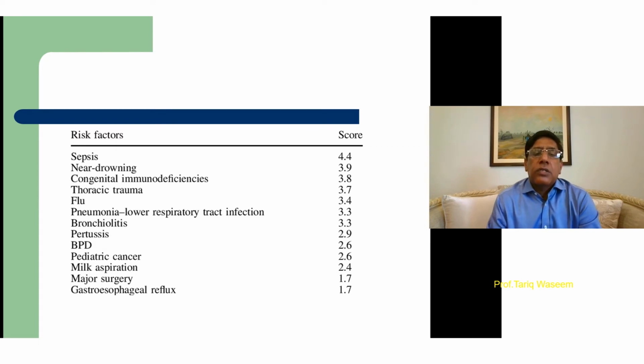Flu, and this is where we are concerned, almost 3.4 times more chances of developing ARDS as compared to those who don't have it. Pneumonia again 3.3, and then there are of course a lot of other conditions like bronchiolitis, pertussis, pediatric cancers, or gastroesophageal reflux. They all can end up in ARDS, but sepsis and viral infection stand out very prominently as the risk factors for developing ARDS.